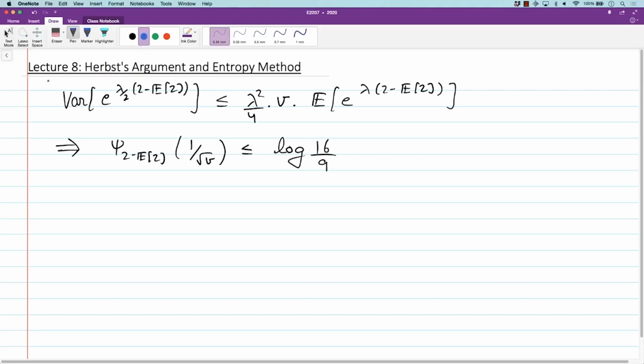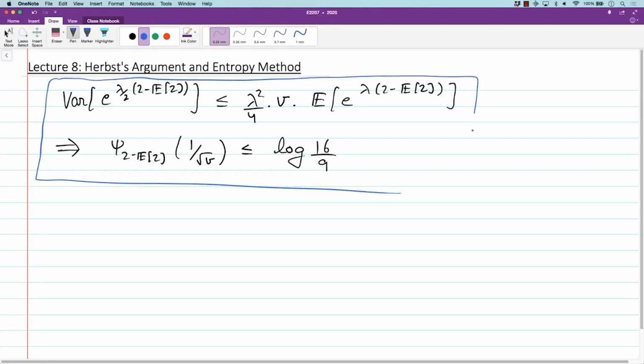This is a functional inequality, and using this bound we can obviously establish a concentration bound.